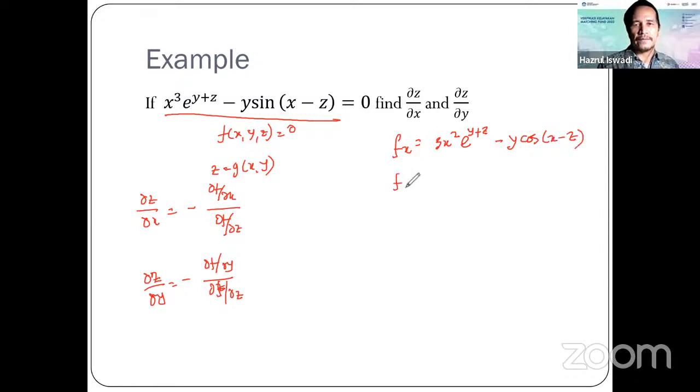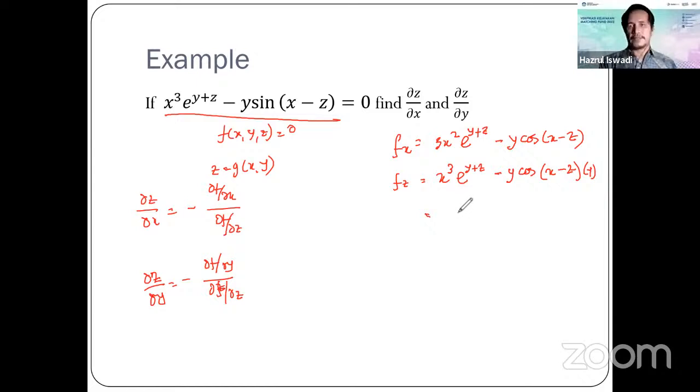And fz is x cubed e to the power of y plus z, then minus y cosine of x minus z, times minus 1.